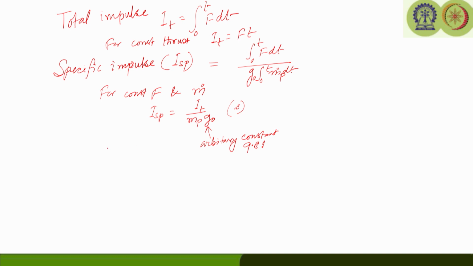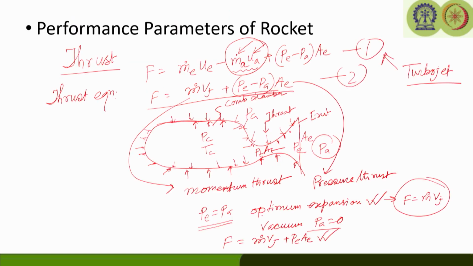But there is another way of defining it also. We can write ISP as total impulse by the propellant mass instead of the weight. That will become Ft by mp, which is F by m dot p, which is nothing but Vj. If you recall, in the optimum expansion case, in the ideal situation we always consider that P is equal to Pa.